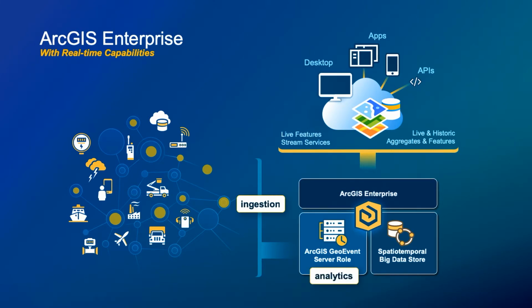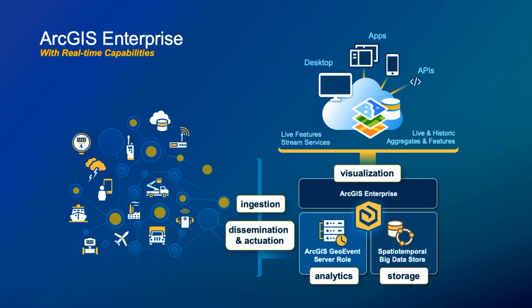It also provides streaming and analytics of that data while in transit. It introduced a big data storage solution to support the volume of data being received. It extends the visualization capability of ArcGIS Enterprise through stream layers. And finally, it disseminates and actuates the data back to devices or service layers.